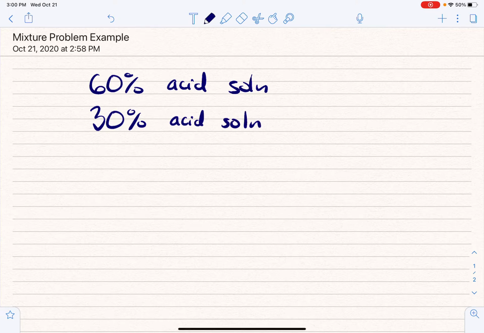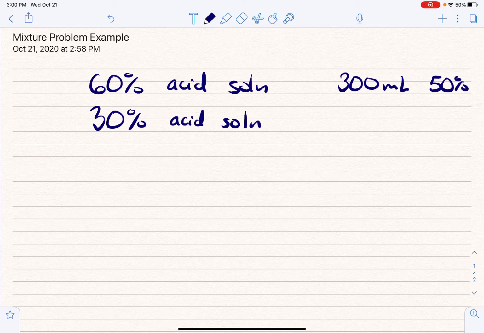Our goal is to get 300 milliliters that are at 50% acid. Let's talk about how we do this. My biggest way to explain this is we've got to look at adding all of the solutions, and then we've got to look at the stuff, in this case, the acid.